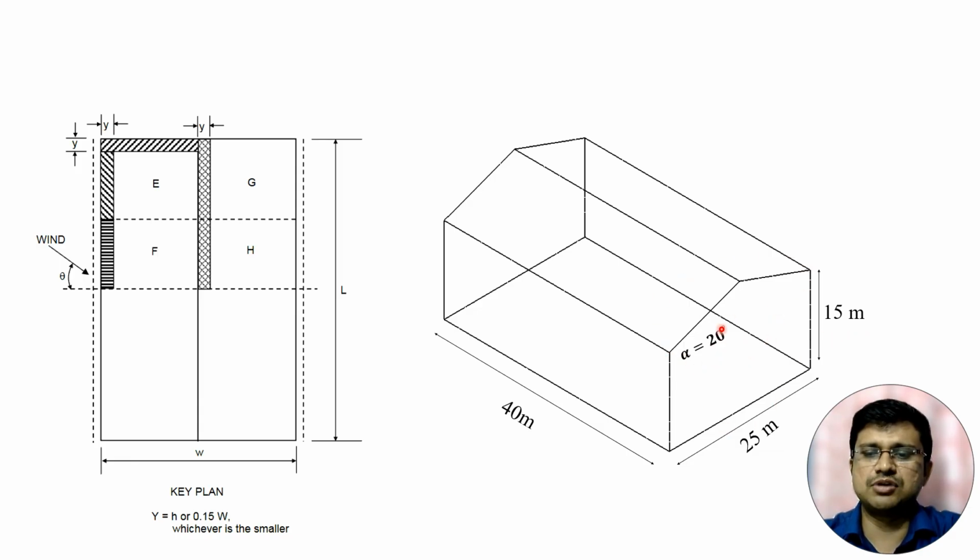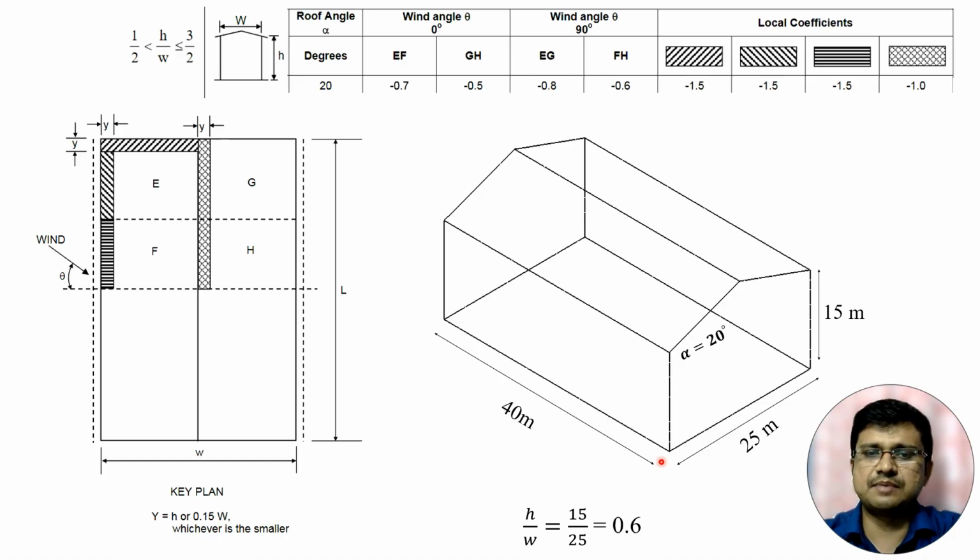Suppose this is one particular industrial shed model and we want to calculate the external pressure coefficient for this building model. For this building model, H by W ratio is 0.6. H is the eave height and W is the length of the shorter side. So H by W is 0.6 and alpha is 20 degree. So this is the value of external pressure coefficient from the previous table.